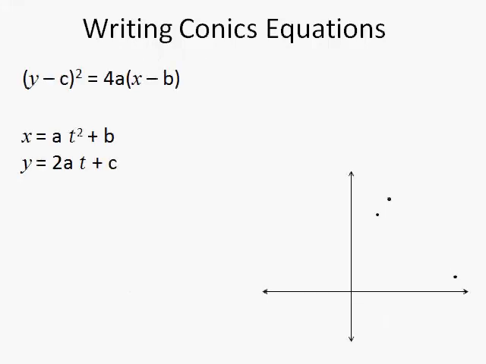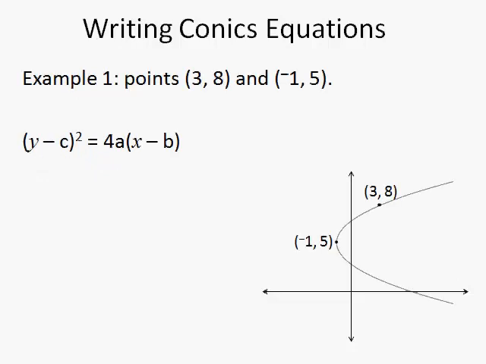So if we have any 3 points, can we write a parabola? Well, yes we can, and we can't do it in the parametric form. It's a bit too complicated. We instead will use the other form. So if we have points 3, 8 and minus 1, 5, and we're told that minus 1, 5 is the vertex, then we can go pretty much straight to writing our equation, because the vertex means that we have the x and the y shift straight away, and that leaves us with only one of the parameters left to go, that is the 4a.